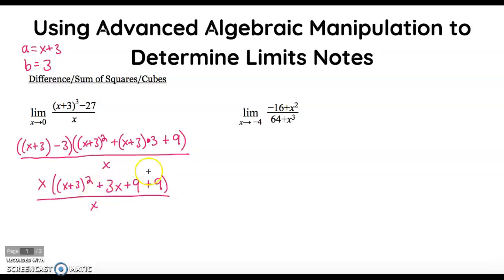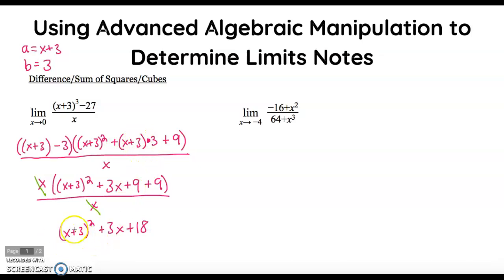And the nice part about this is when I start to simplify the numerator, I'll notice that I have an x out front and an x right here, and so those x's end up canceling out. And now I'm left with just what's inside this big set of parentheses. So I have left over x plus 3 squared plus 3x plus 18.